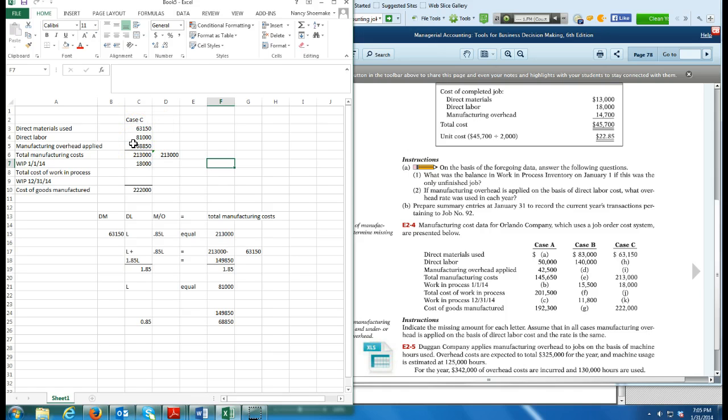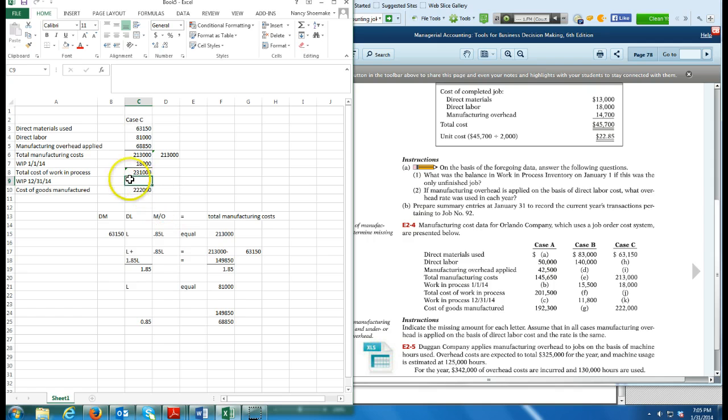So from here on out, it's easy. I shouldn't say that, but it's easier to come up with our total work in process. We're going to add our 213 plus our work in process from the previous month.